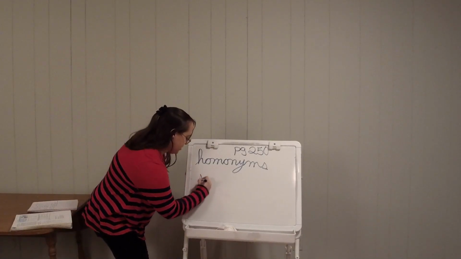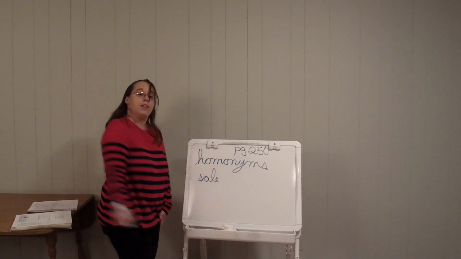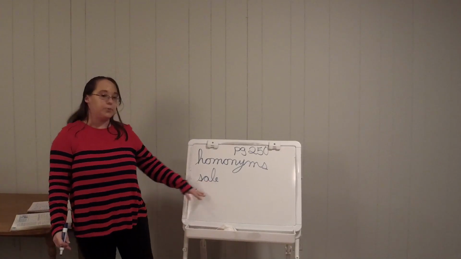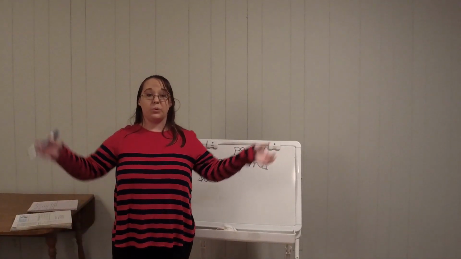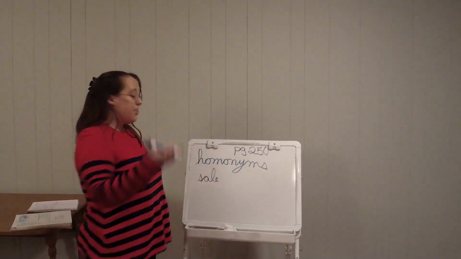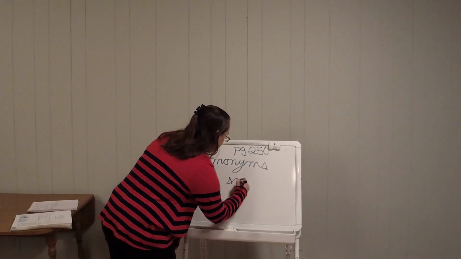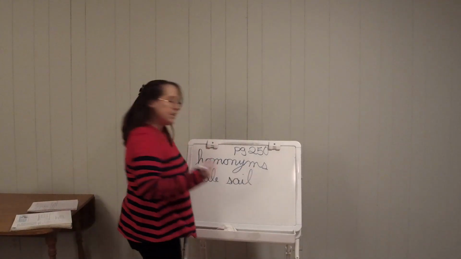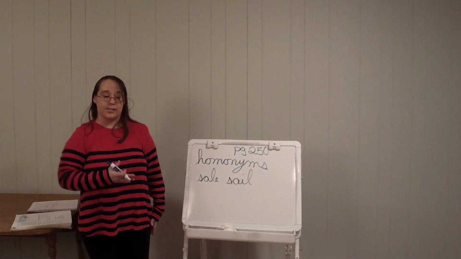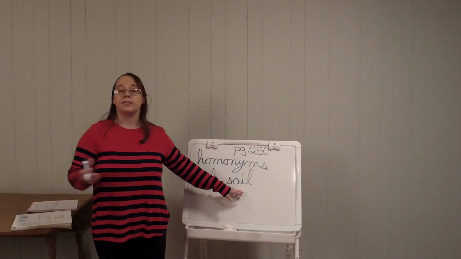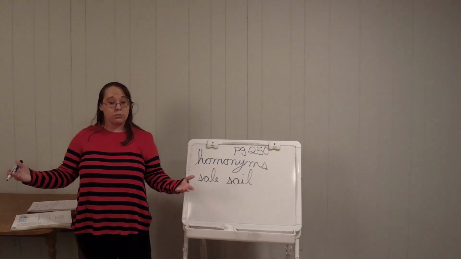Okay? The word sale. This sale means something's on sale. You want to buy it because it's going to be cheaper. Then you have this sail. It's said the exact same way, but this is like the sail on a boat.